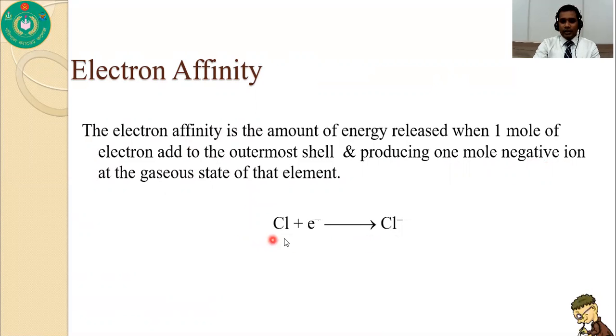Here you can see that when 1 electron is added to neutral chlorine, it becomes a negatively charged chlorine atom, that means chloride ion. So, this amount of energy released in adding this electron to the chlorine atom is called electron affinity.